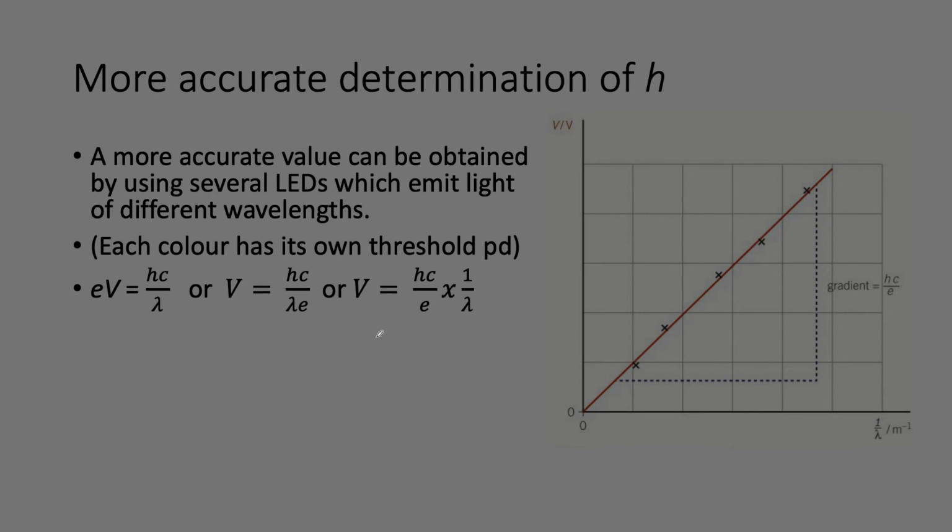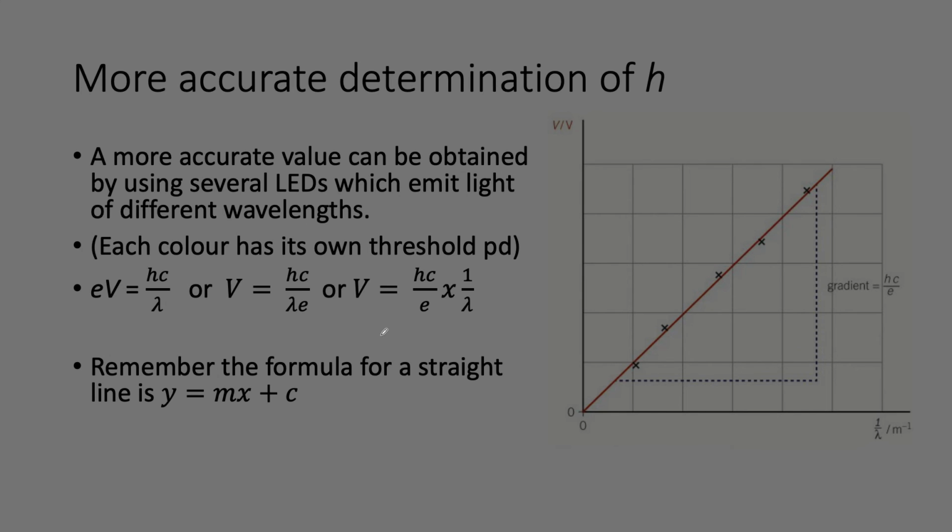The formula of a straight line, remember, is y equals mx plus c. So if we look at this equation here, this is our y. We're plotting V, the threshold potential difference, on the y-axis, equals mx plus c. If c, the intercept, is 0, look, it's going through the origin.